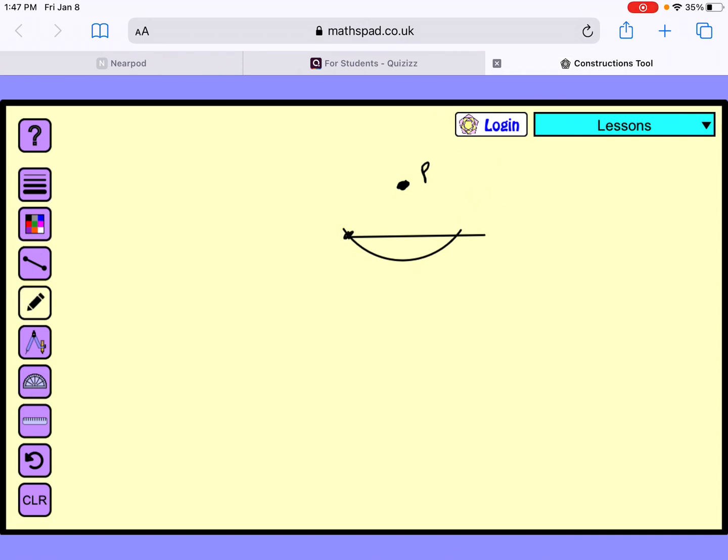After we do that, you can mark those spots with the line or with the marker if you want to. But really we need to bring our protractor back up, and we want it to stay the same width or distance apart. We don't want to widen it, we don't want to shorten it or anything. We want it to keep that same distance, and we can lock it in if you want to, but that's up to you.